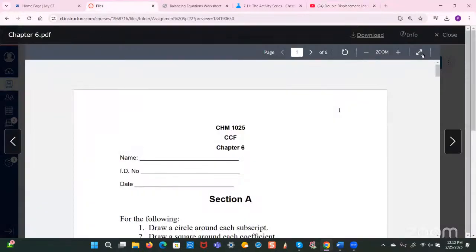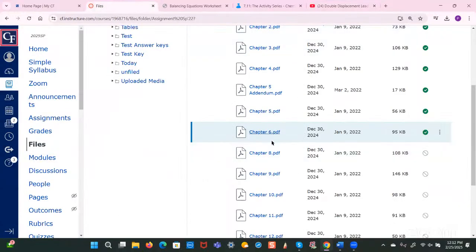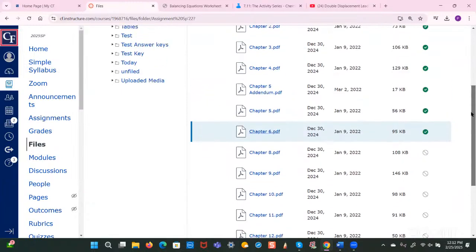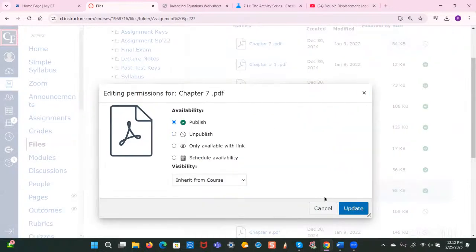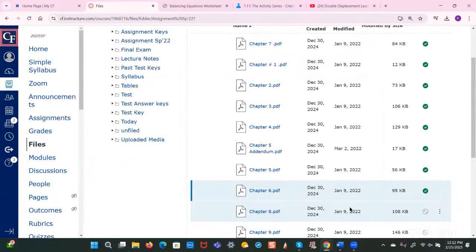Let me go to files. So assignment number 7, where is it? Oh, here it is. So assignment number 7 is now published, right? Basically, assignment number 7 deals with what I just discussed, right? The different types of reactions. It will also involve some balancing of equations, so you get some more practice as far as that is concerned. And that's pretty much it.